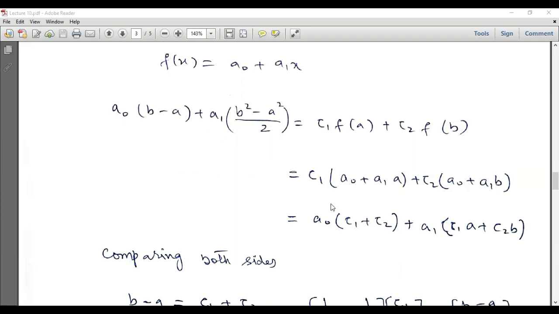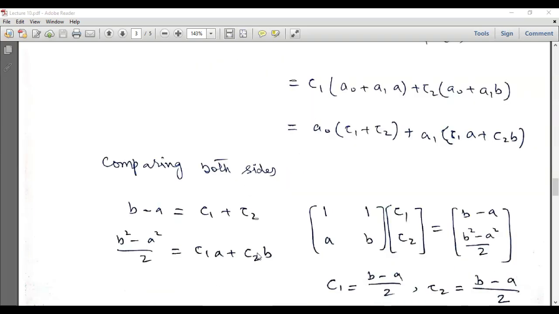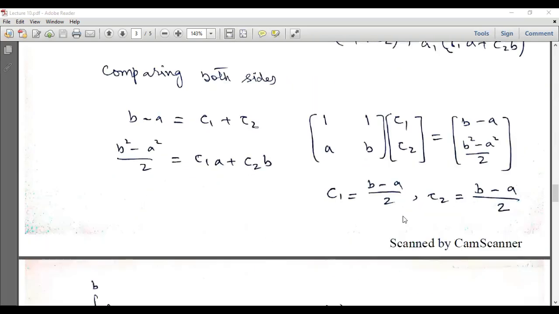So we can compare the coefficients or multipliers of a0 and a1 on the right hand side and the left hand side. It means c1 plus c2 is equal to b minus a, and c1 a plus c2 b is equal to this expression. Here we have two unknowns, c1 and c2, and these two equations can be written in matrix form. After that, we can evaluate c1 and c2 using Cramer's rule.